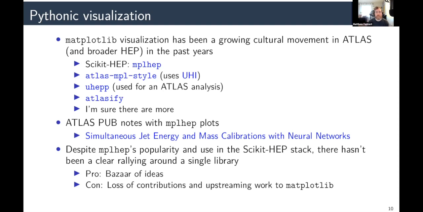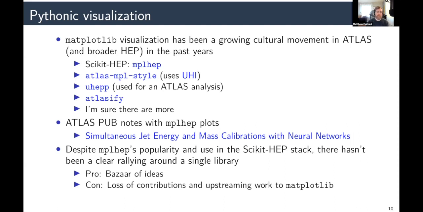But there are also additional public tools that have surfaced from inside of the experiments. So there is also an atlas-mpl-style library that has been developed by other ATLAS users that still takes advantage of the UHI protocol that was developed inside of Scikit-HEP.